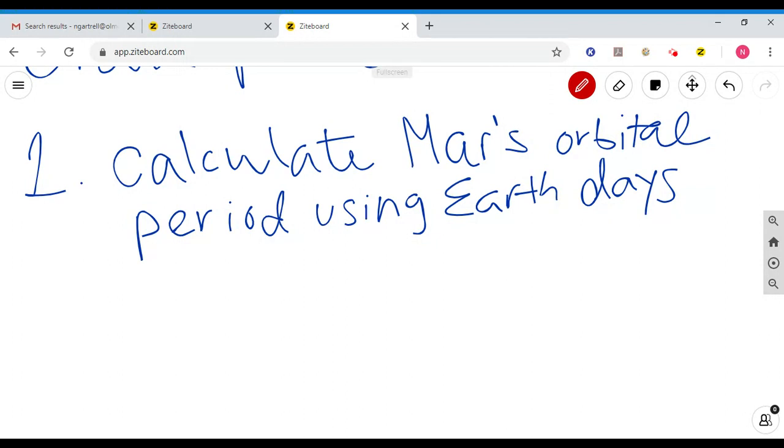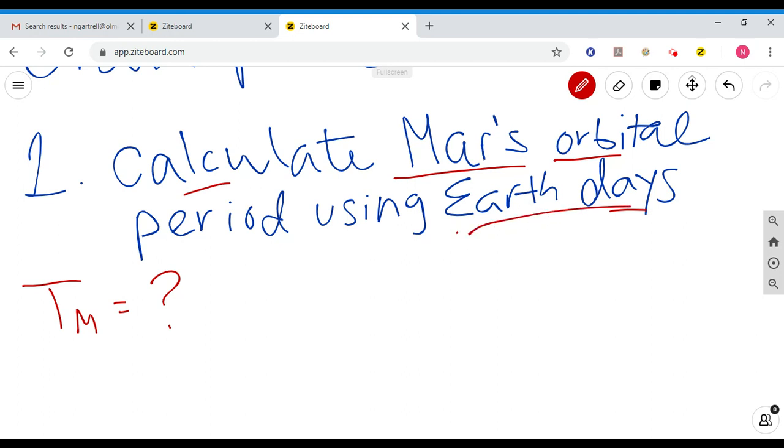So we're talking about Mars, and it says calculate Mars's orbital period. The variable for period is capital T, and we're talking about Mars, so I write it as T sub m. That's what we're looking for. And it says using Earth days, so we're comparing it to Earth.